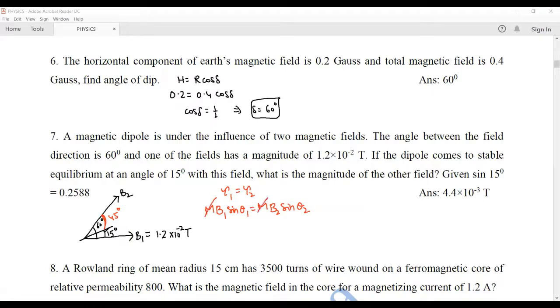As the dipole is the same, its magnetic dipole moment is also the same, so it cancels out. B1 given over here is 1.2 × 10^-2 Tesla, and sin theta 1 is sin 15 degrees. B2 has to be determined, and sin theta 2 is sin 45 degrees. So on simplifying, we get B2 to be 4.4 × 10^-3 Tesla.